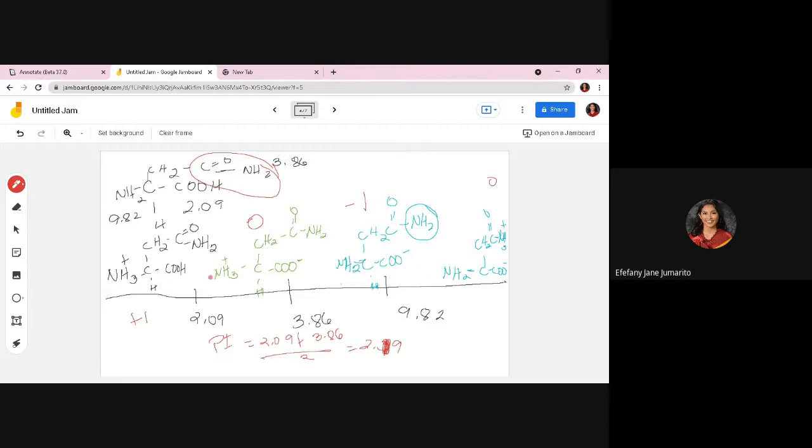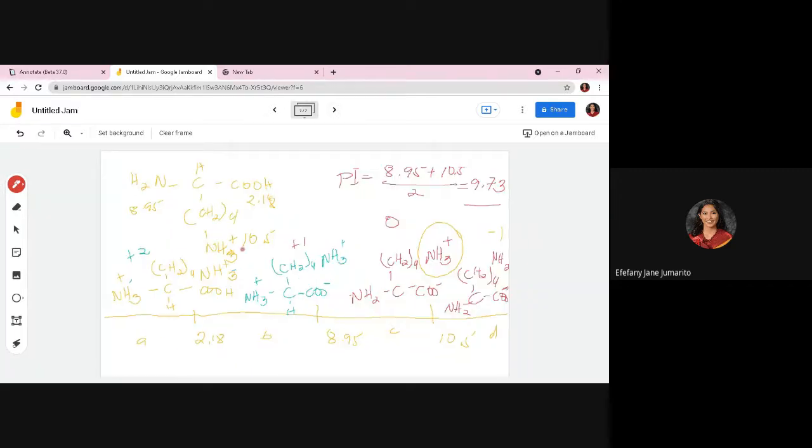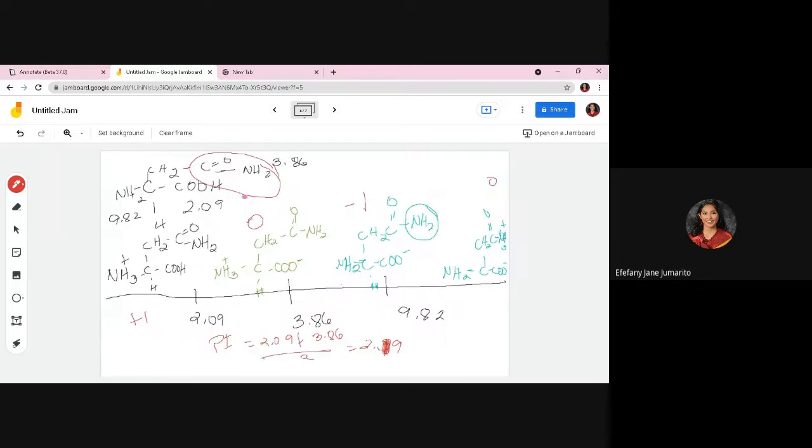Like this one. So it's not hard if you have a polar basic or acidic, where your R group is charged. Now, what will happen if there is no charge, like this one, neutral? You look for that. Then I will discuss that next meeting also. So that will be your assignment.